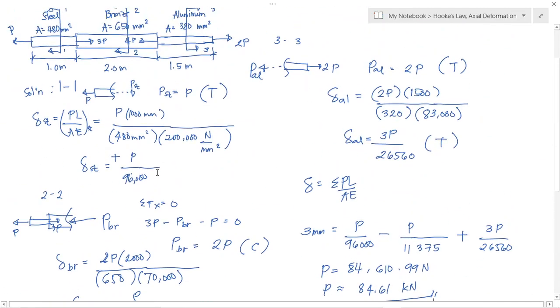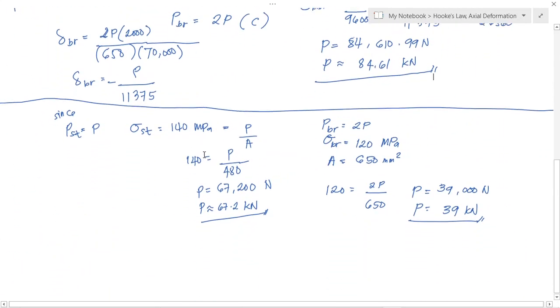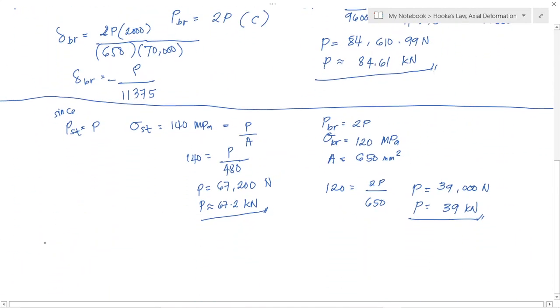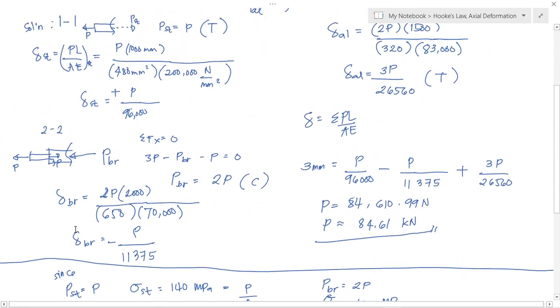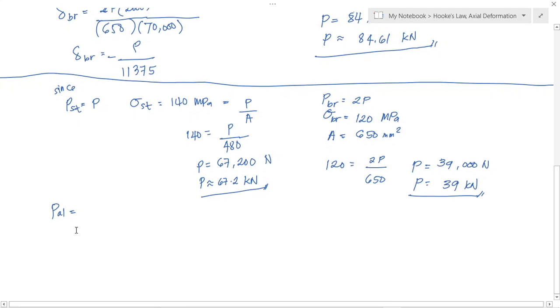Now, let us consider the aluminum. P aluminum is equivalent to how much of P? P aluminum is twice of P, equal to 2P, and then ang kanyang allowable stress is 80 megapascal. And then the cross-sectional area of the aluminum is 320 square millimeter.